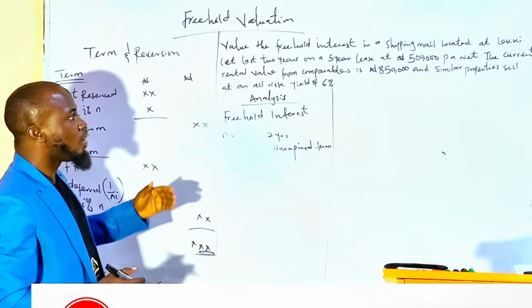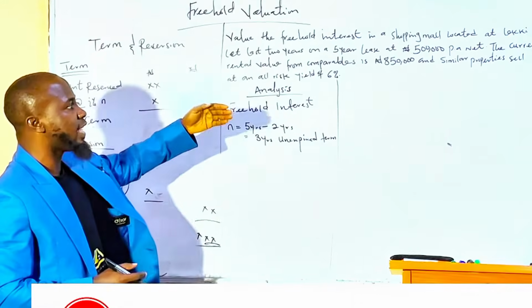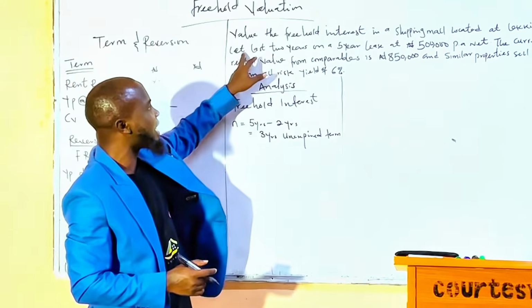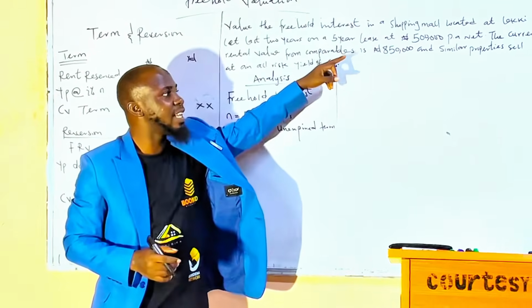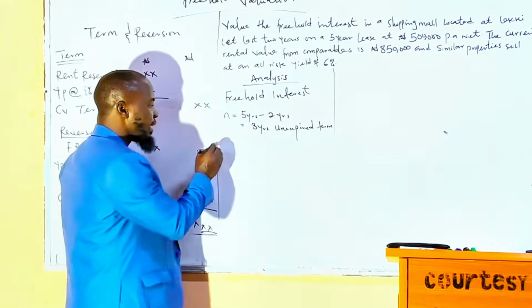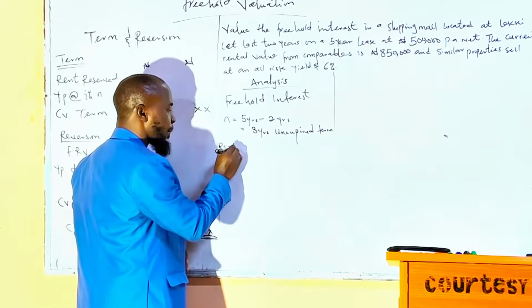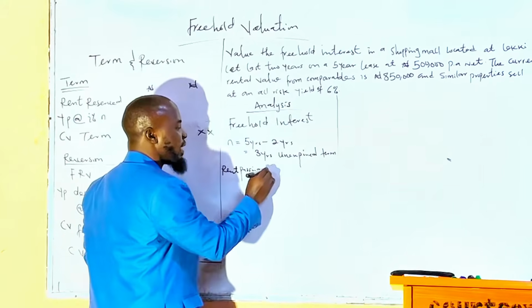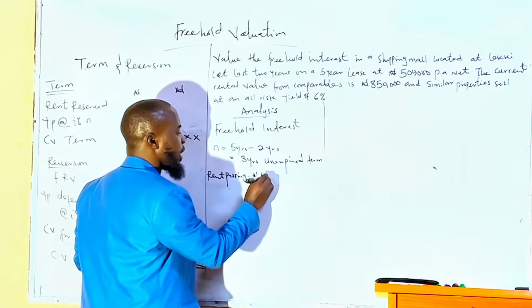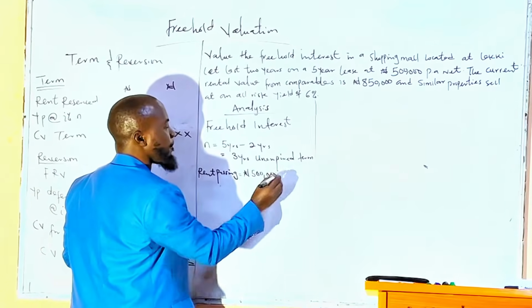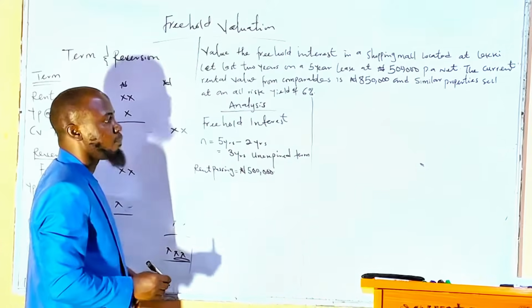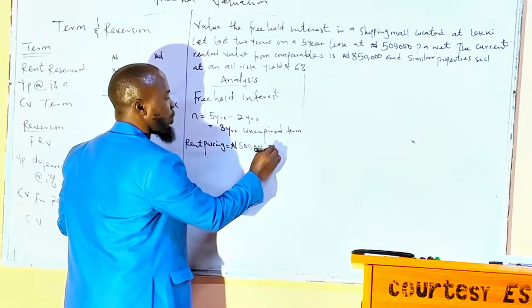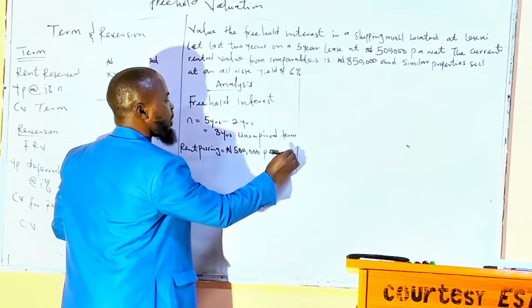Then the next is the lease: the property was let 2 years ago on a 5-year lease at 500,000 naira. The rent passing is 500,000 naira per annum net.